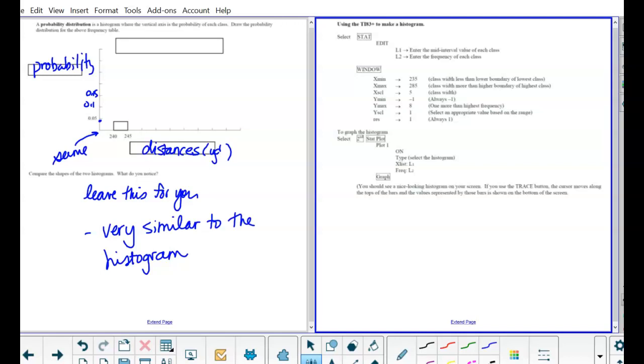Like, yeah, you can't really do anything with it. So it's nice to look at, but one that's made by hand is way more descriptive because you can actually see the axes, vertical and horizontal. So I'm just going to leave this for you to do.